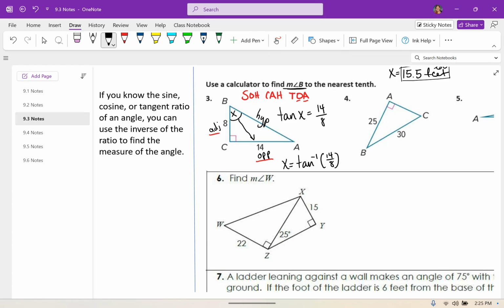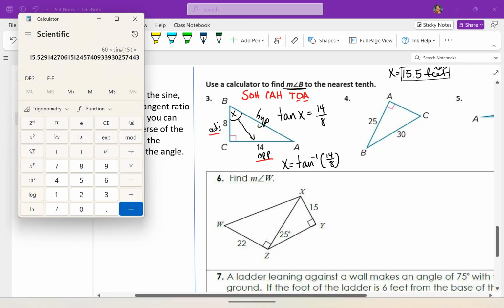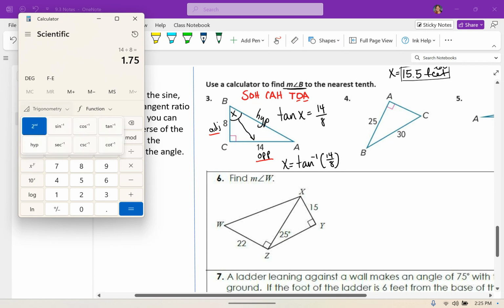And do not call it tangent to the negative first power. That's not what that means. It's inverse tangent, or some people call it arctangent. So inverse tangent of 14/8 is a button on your calculator. So we're going to do 14 divided by 8, hit equals, and then inverse tangent.